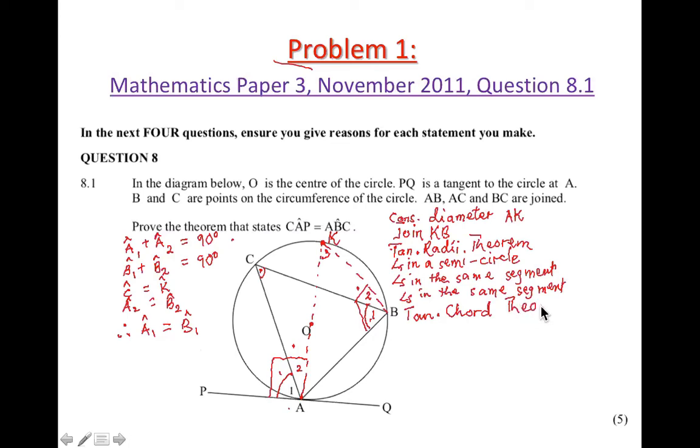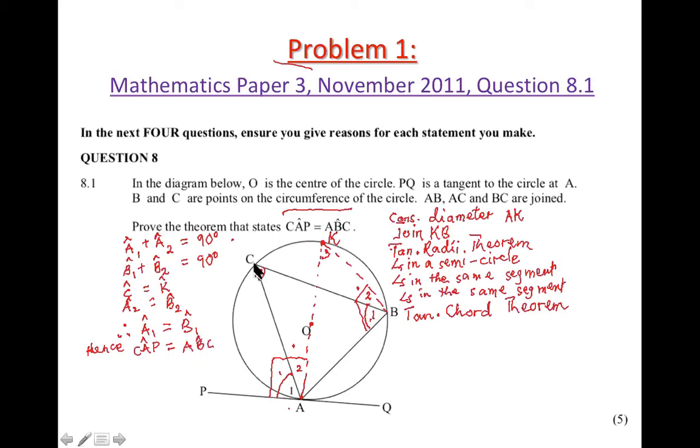We have many ways of doing it, but I believe you will like this method. And those of you who are attending the lesson, I will upload the video for you so you can revisit and watch it. Now, because the examiner didn't say A1 and B1 and all that, this is what the examiner says. So you can say hence, your angle CAP is equal to angle ABC.